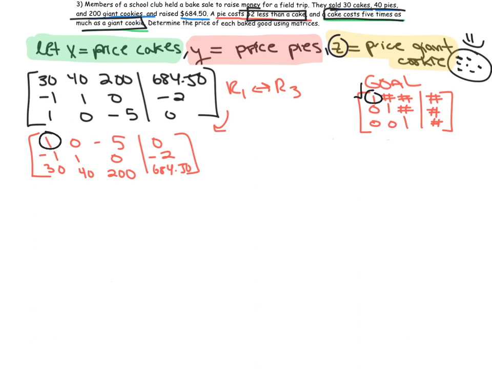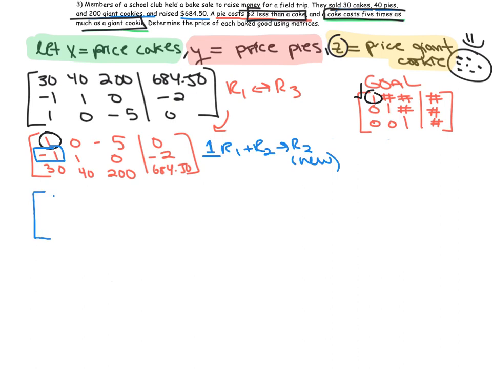I now want to change this negative 1 and turn it into a 0. Well, I'm going to multiply the first row by 1, and add it to row 2 to get our new second row. Okay? So, guys, really all we're doing is just adding these rows together.